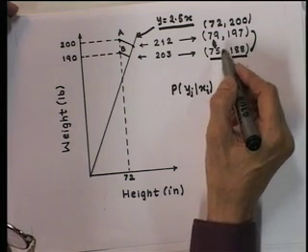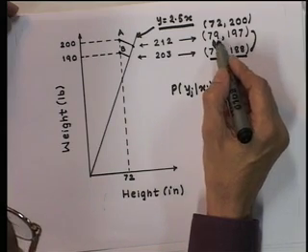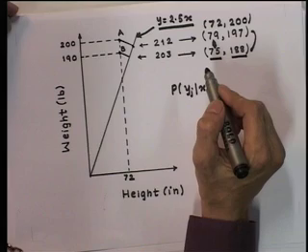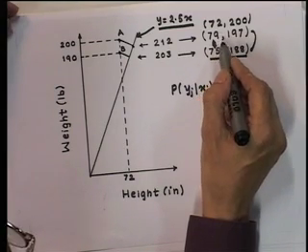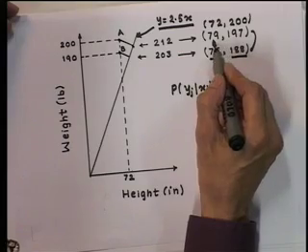Notice that while the height value in both cases was the same, the reconstructed value is different. The reason for this is that the reconstructed value for the height depends on the weight.